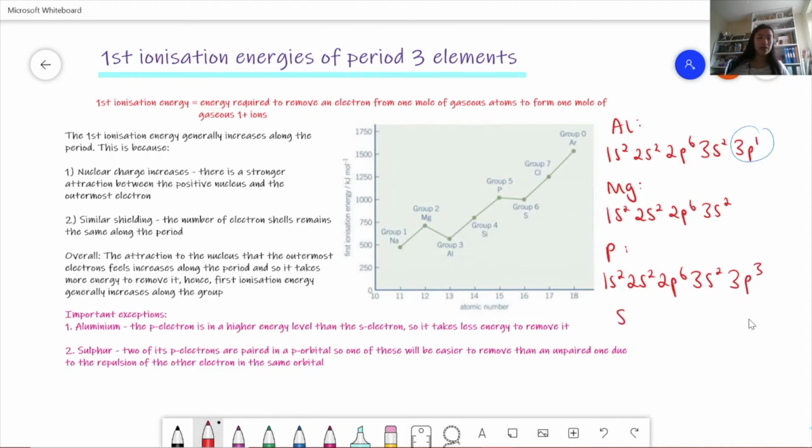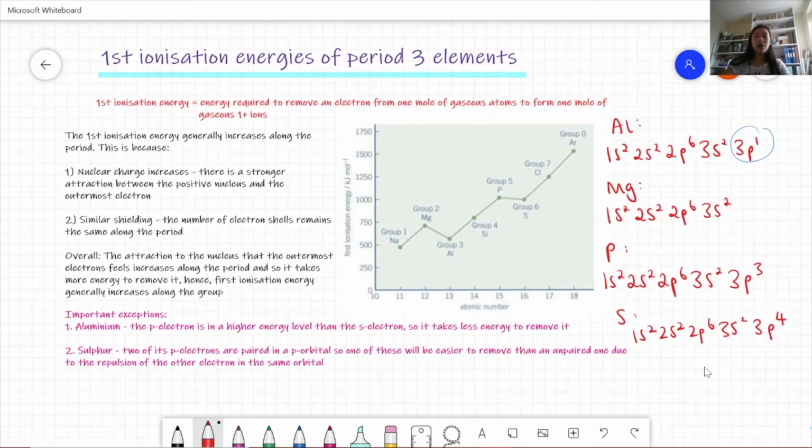And then for sulfur we have 1s2, 2s2, 2p6, 3s2, 3p4. Now initially we can't really see why sulfur will have a smaller ionization energy.